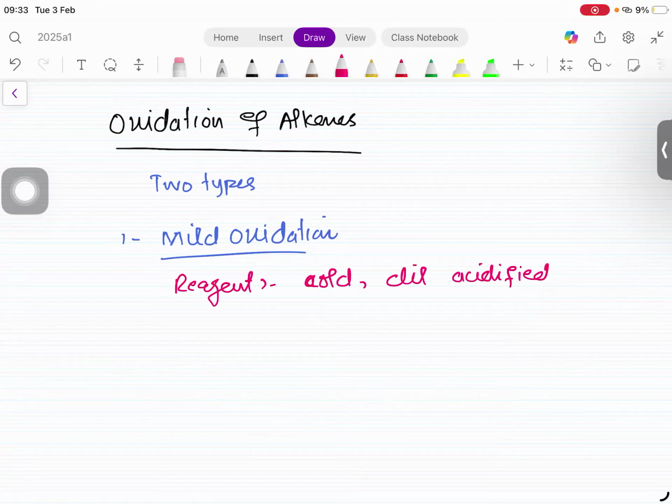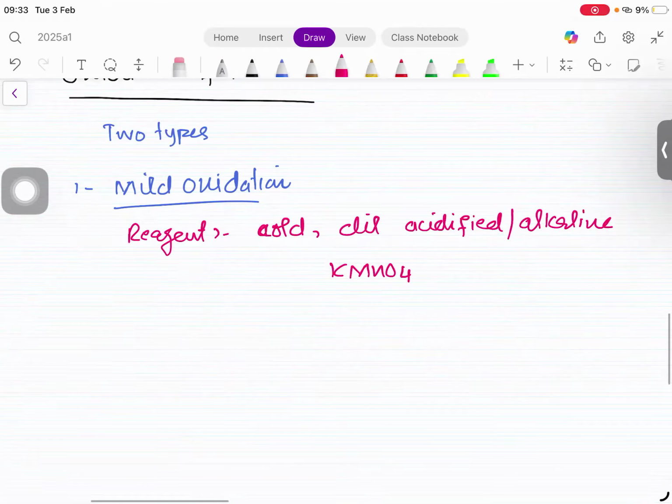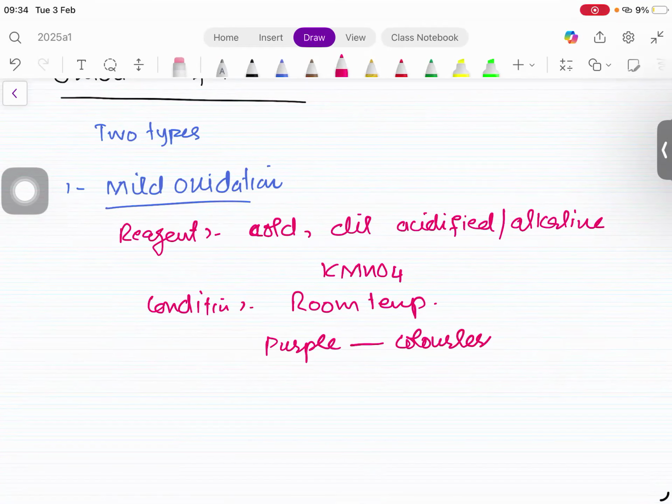In chemistry, when we say cold, it means it is at room temperature, no heating. And we know that KMnO4 is purple. In this reaction, obviously, it's going to turn colorless.